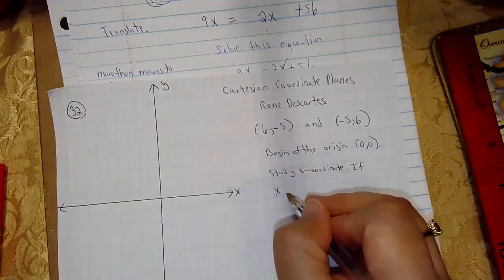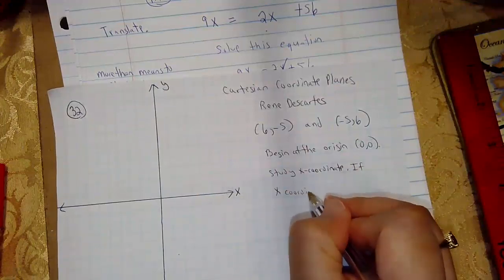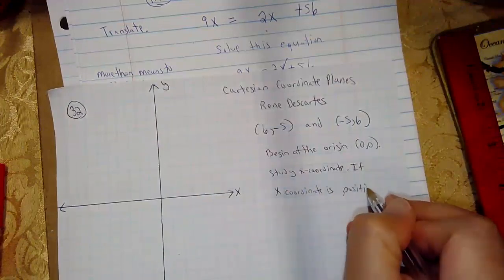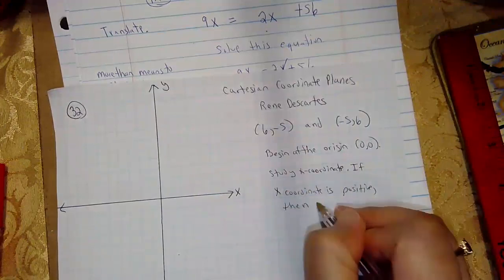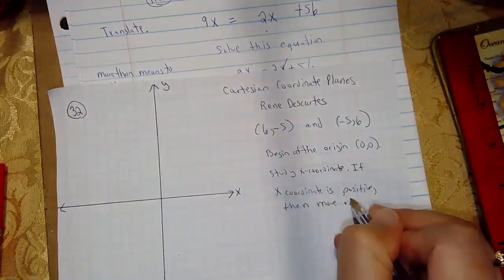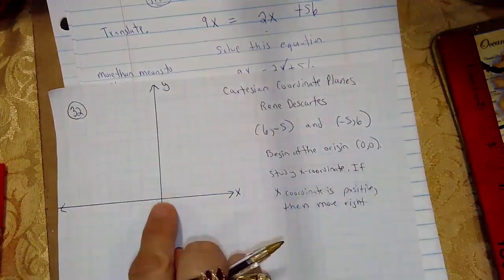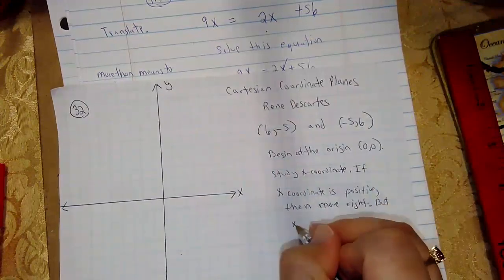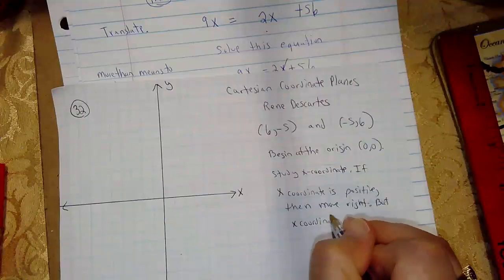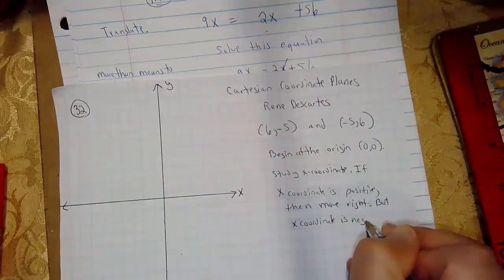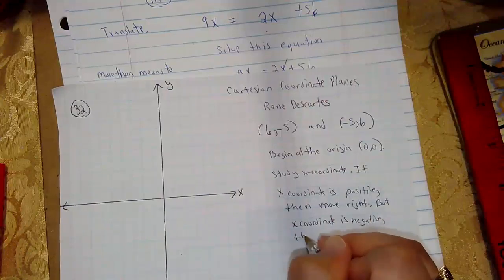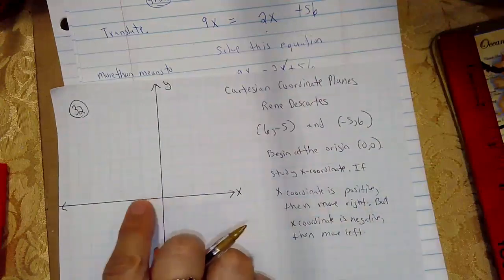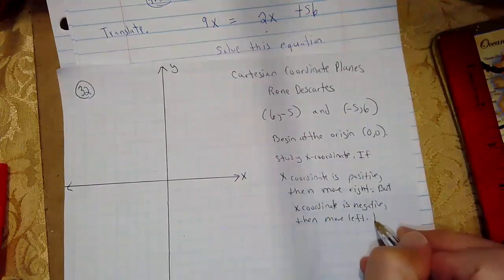If the x coordinate is positive, then you move right that many times, and then you hold your pencil. But if the x coordinate is negative, then you move left that many points. Okay, and then you hold your pencil.